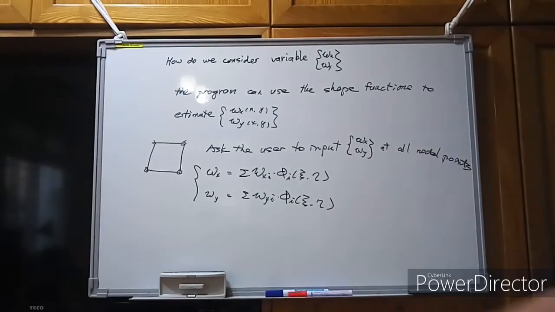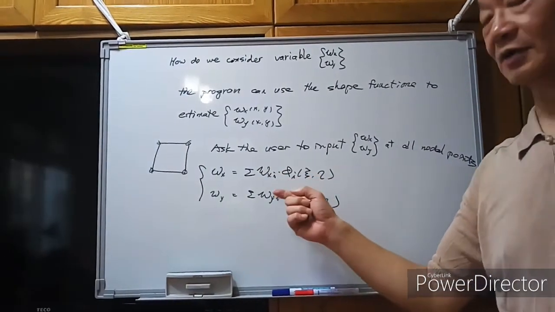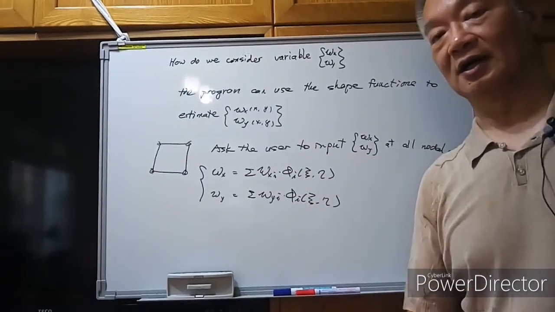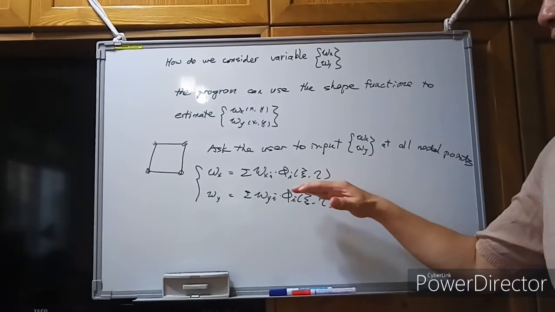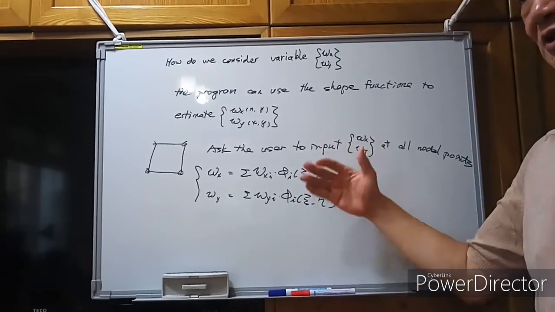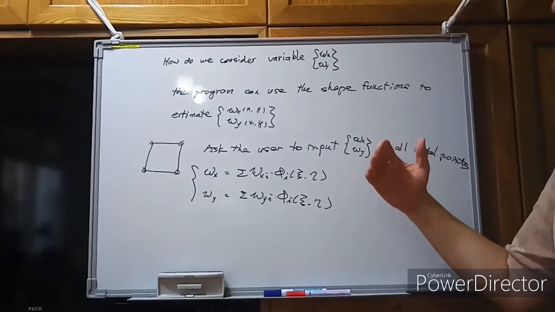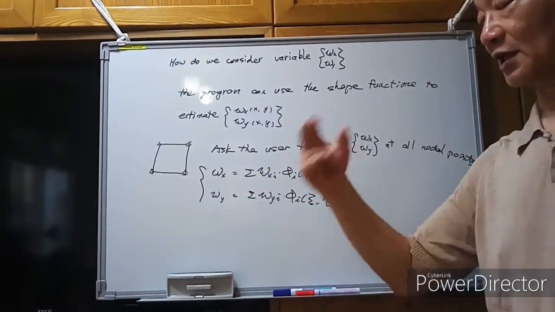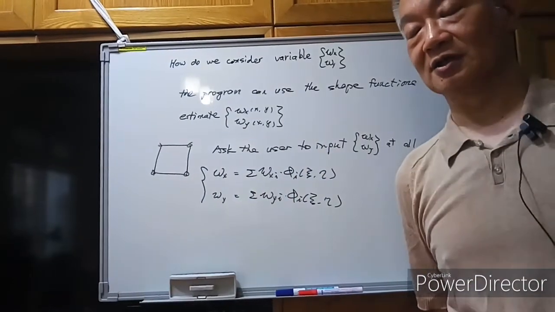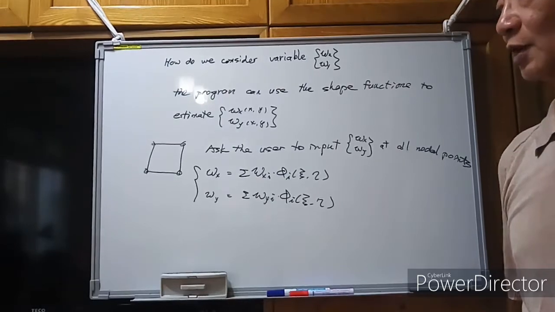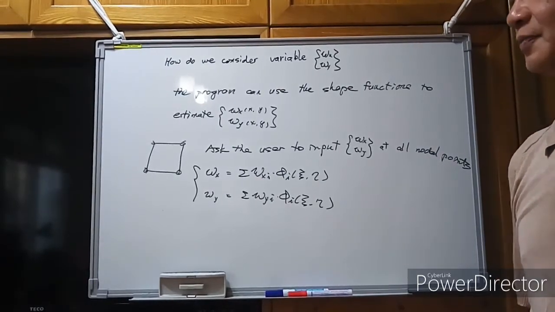If the program gets this information, then we can use the same set of shape functions, which are also interpolation functions, to get continuous estimations of the Wx and the Wy inside the element.